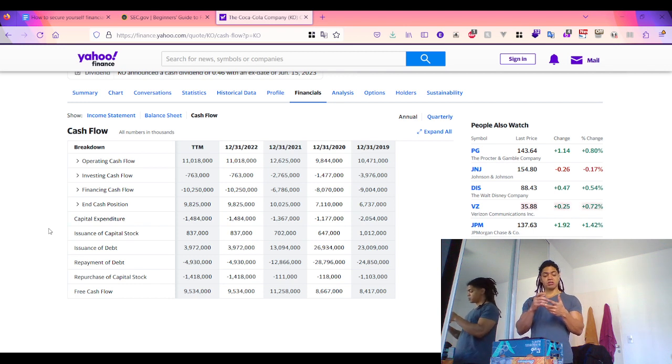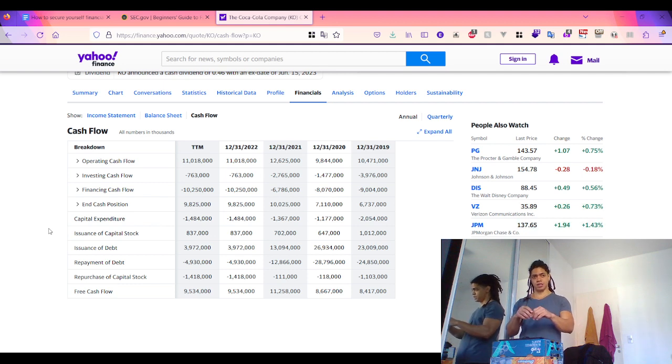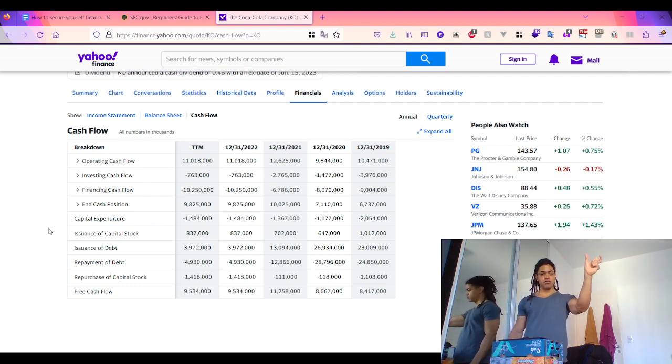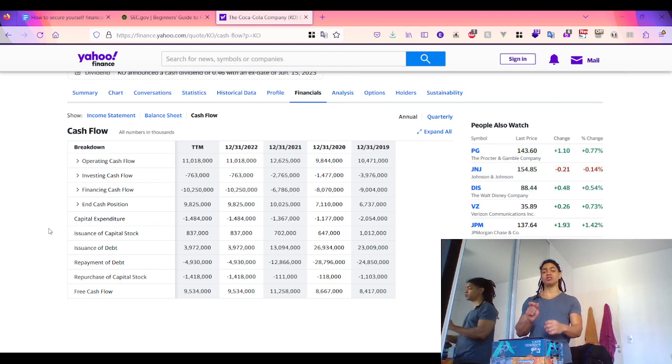Okay, so the first part of the cash flow statement, the operating activities, reviews the cash flow by analyzing the net income from the income statement, and then reconciling it with the total amount of cash that was used or received from operating activities.